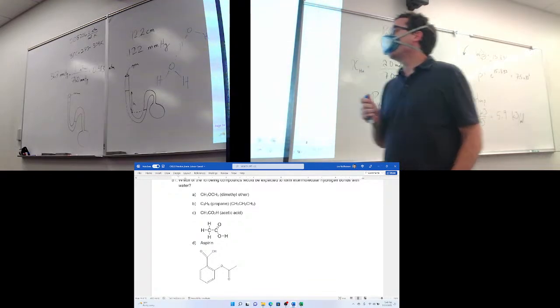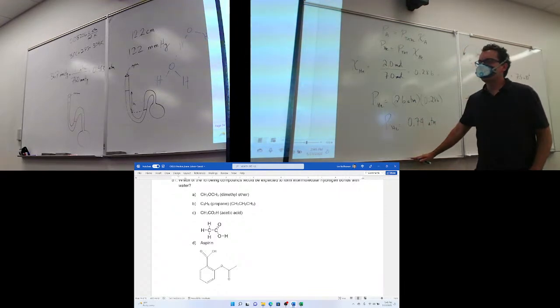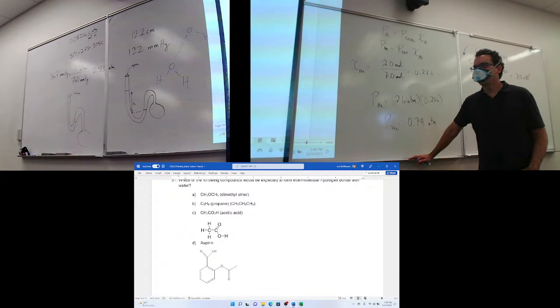So the idea is water does the hydrogen bonding already. Water makes a really strong polar dipole moment, that's the hydrogen bonding part. And so that will interact with anything else that has a pretty significant dipole moment as well.